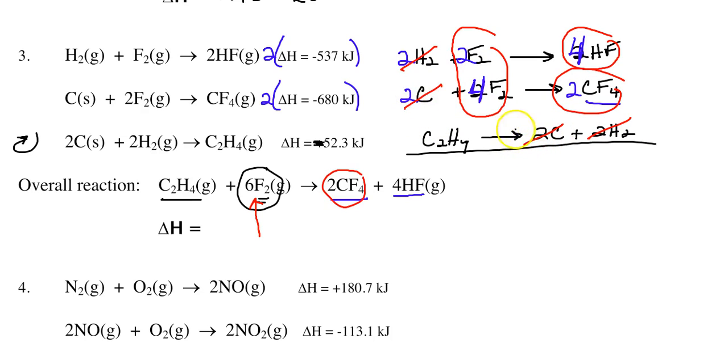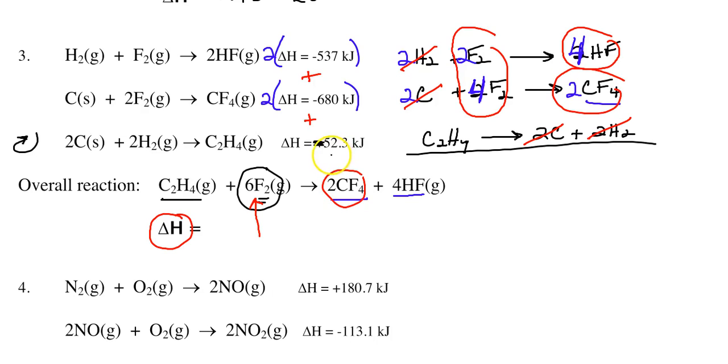So how do we deal with this? Whatever we did with these reactions to manipulate to get this reaction, because of the interconnectivities of the enthalpies, we do here. So we do 2 times negative 537 plus, remember, canceling out, we're adding together, 2 times negative 680 plus negative 52.3.